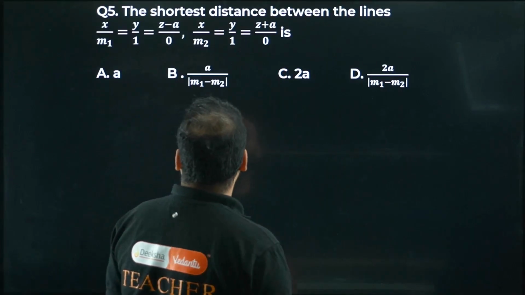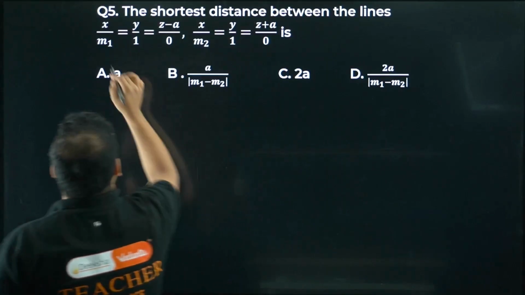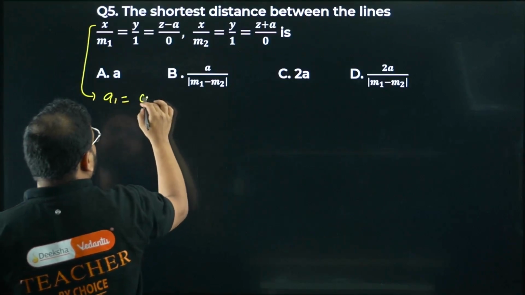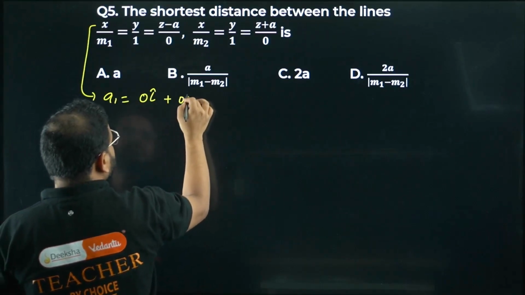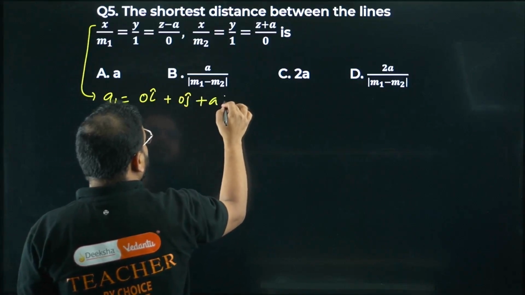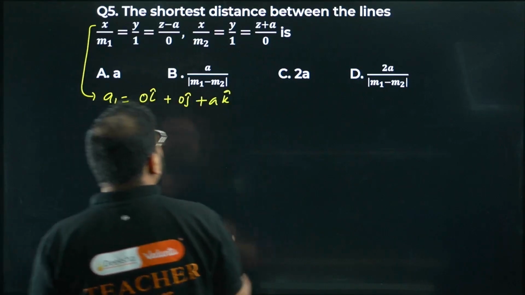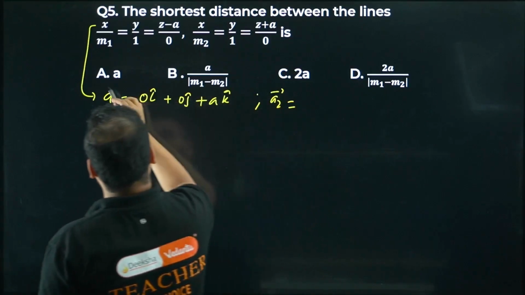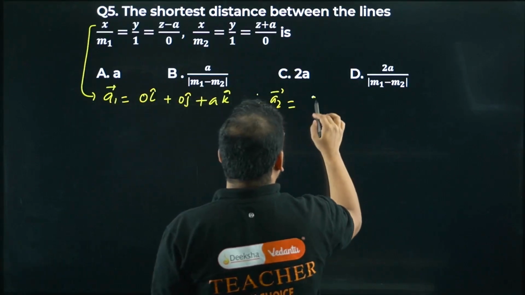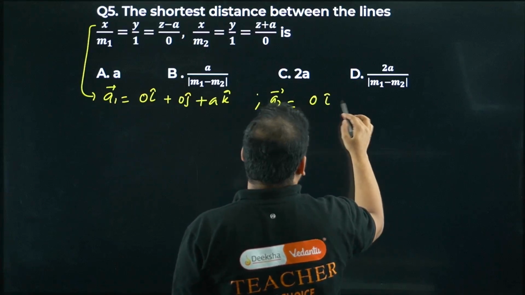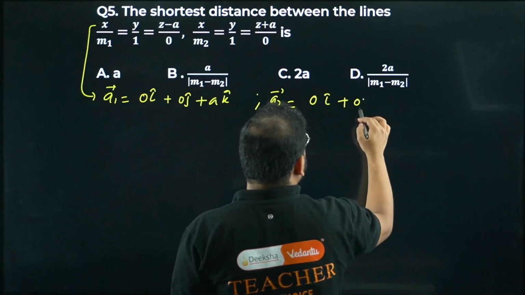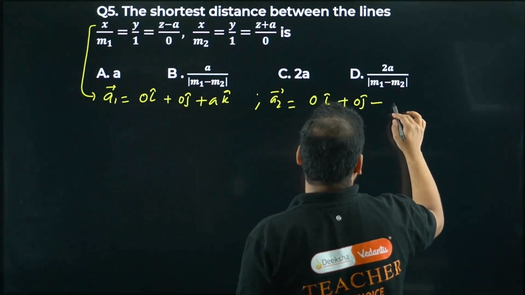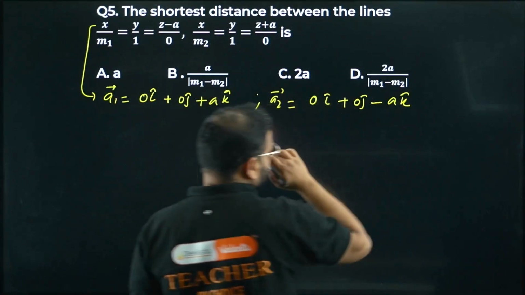If I'm writing a1 first, the point coordinate vector, you get 0 i cap plus 0 j cap plus a k cap. In the same way, writing my vector a2, it will turn out to be 0 i cap plus 0 j cap minus a k cap.